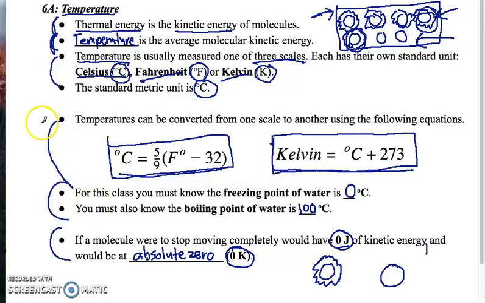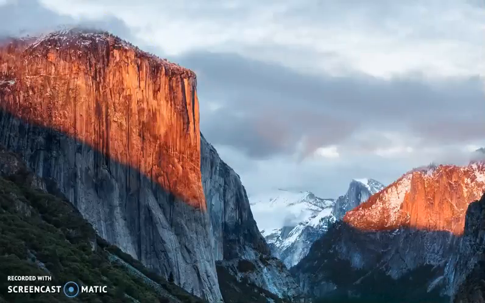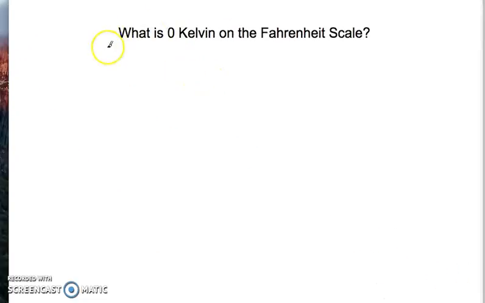So let's actually see a problem now. Here we go. What is 0 Kelvin? Notice it's not degrees Kelvin, it's just Kelvin. What's 0 Kelvin on the Fahrenheit scale? So we want to go Kelvin to degrees Fahrenheit, technically.